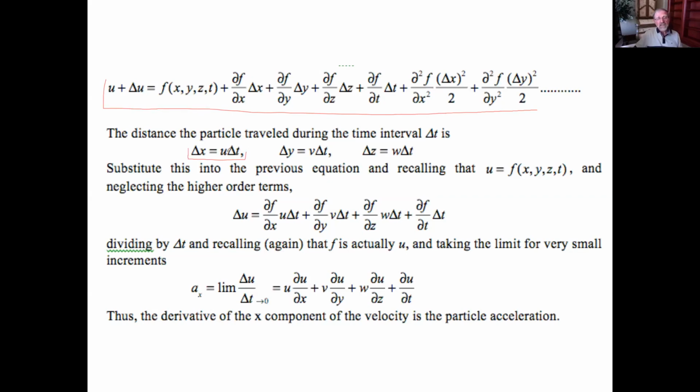So delta x is u delta t, delta y is v delta t, and so forth. That's a very logical assumption. And then the first function is that, but u is also the same thing as that. So if I plug in here that and that, then I can actually eliminate this term versus this term. So I'm left only on the left-hand side with delta u.